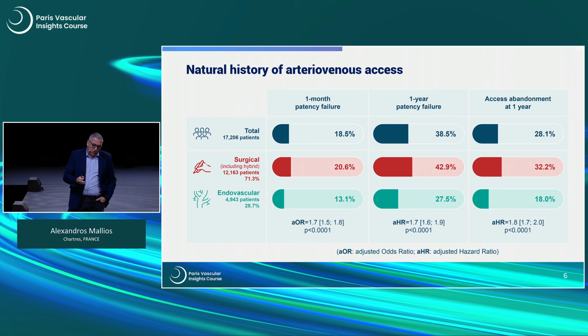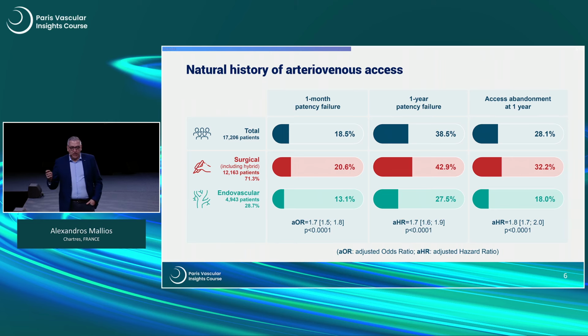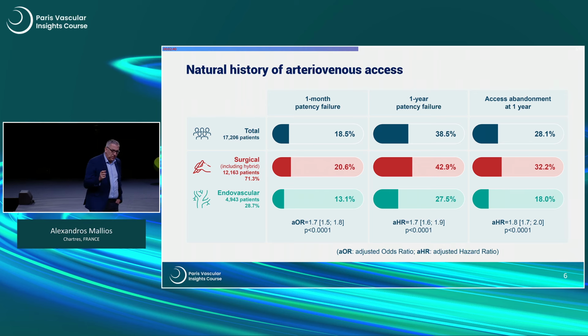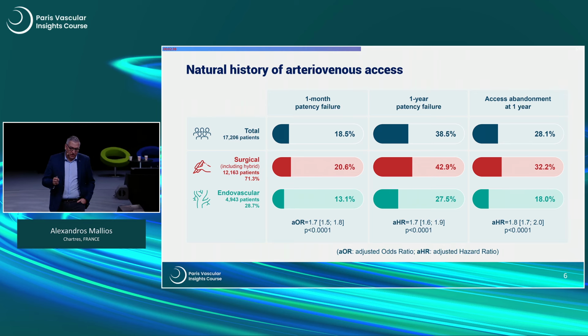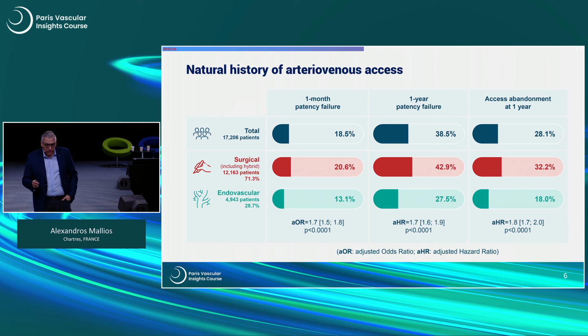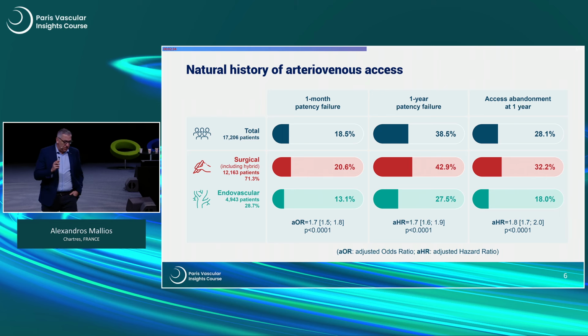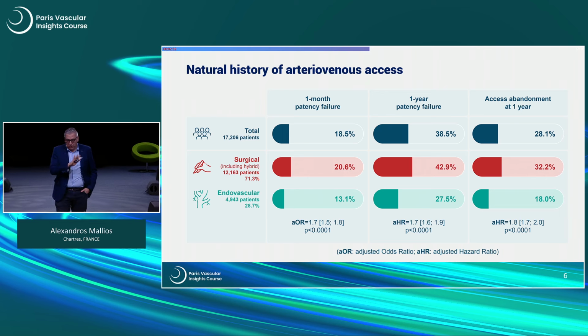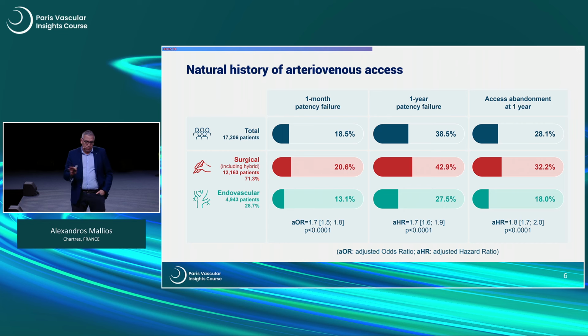So surgery was the majority, and you see that the results were worse. At 1 month, 20% of patients lost patency for surgery and 13% lost patency for endovascular. Again, surgery meaning pure surgery or hybrid. We don't know the percentage between the two.